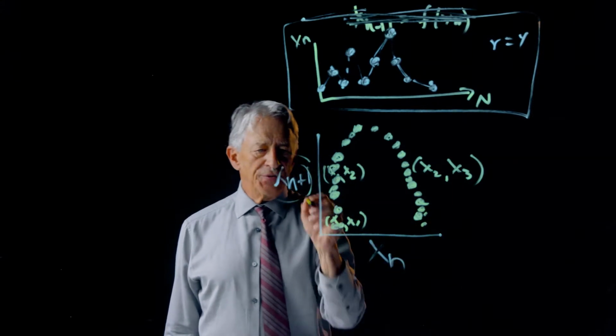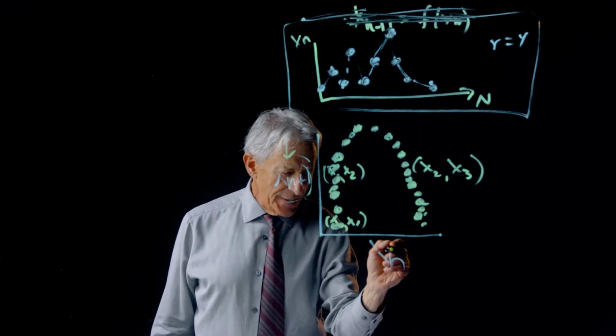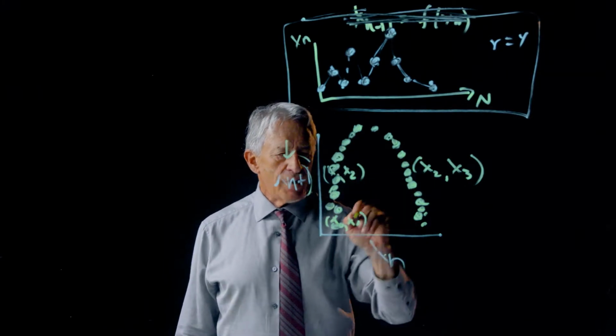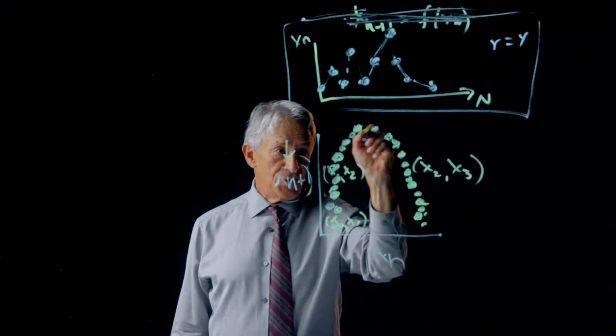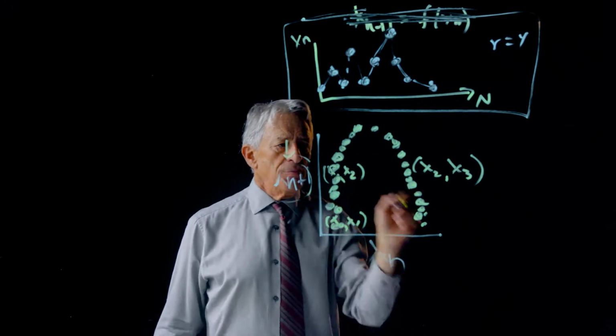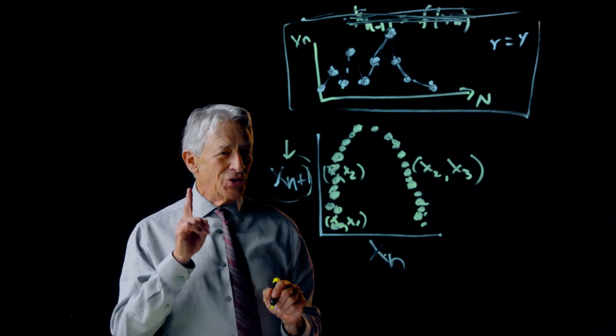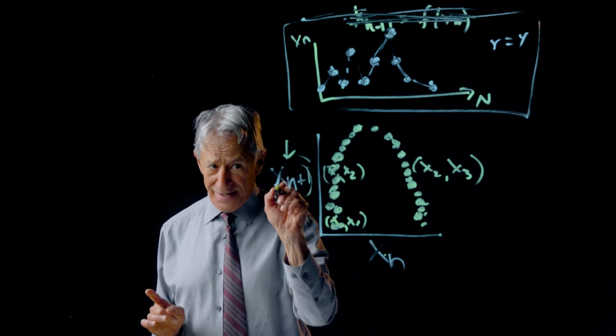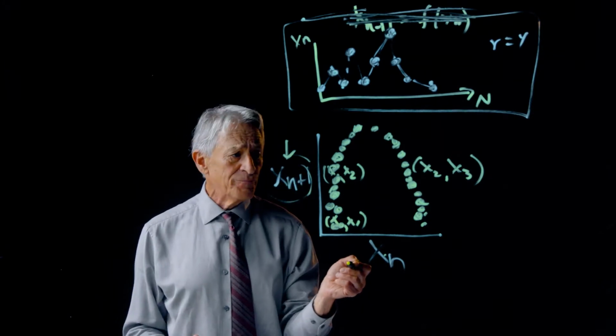I just plotted the data, next point against previous point, and it traced out a parabola. Notice it's not going to do that in sequence. It's going to jump around in what looks like erratic behavior, but is not erratic behavior because xn plus 1 is a function of xn.